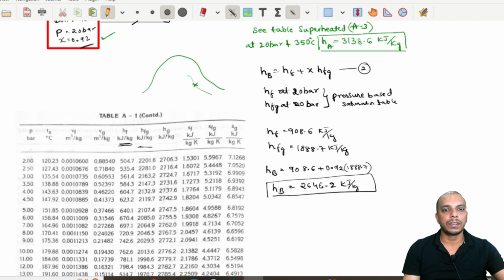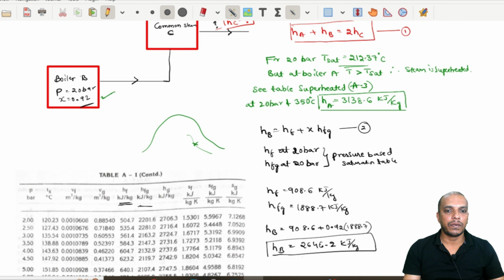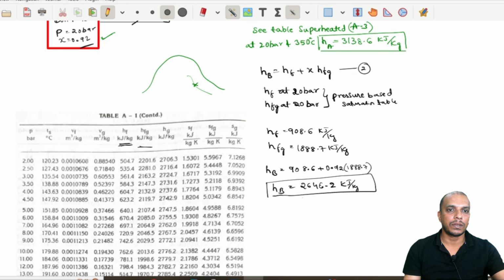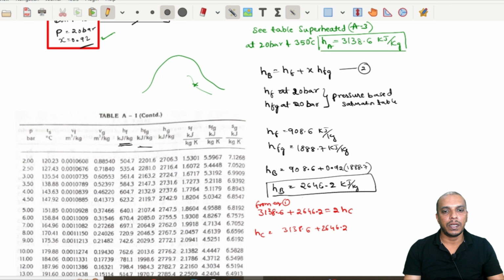I will go back to equation 1. Equation 1 is HA plus HB equal to 2HC. So 3138.6 plus 2646.2 must be equal to 2 times HC. So HC is equal to 3138.6 plus 2646.2, divided by 2.